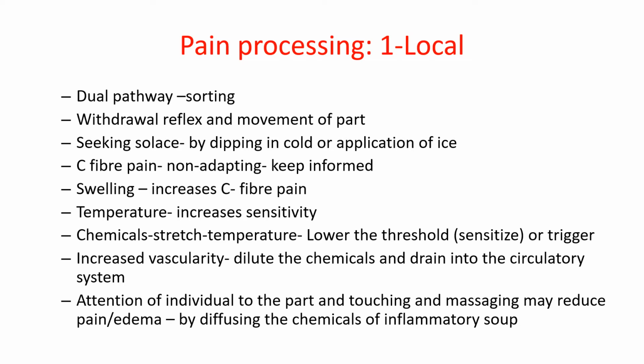Usually the nociceptors are silent. There is no pain physiologically. And once there is some injury or some trigger, there will be pain. That is, first processing happens at the local site. This will result in a withdrawal reflex so as to move the part away from the site of injury.